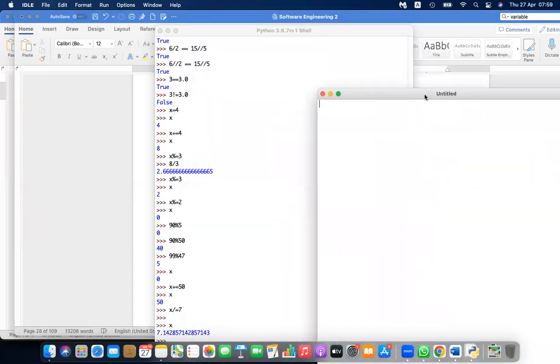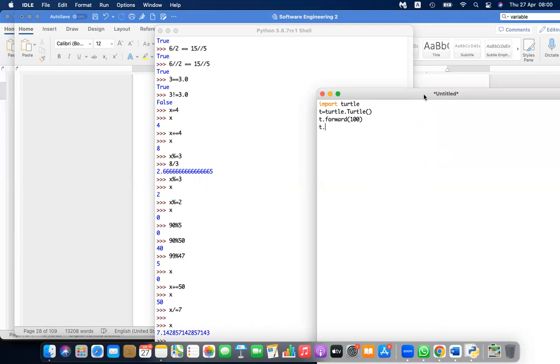In this new file, try this code: import turtle. Then you can say t equal turtle dot capital T turtle, then the brackets. Then t dot forward, say 100 pixels.